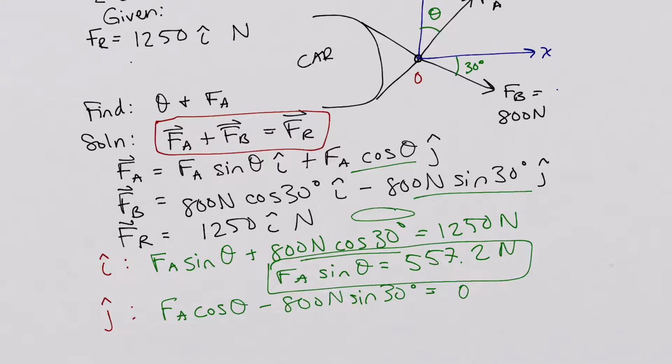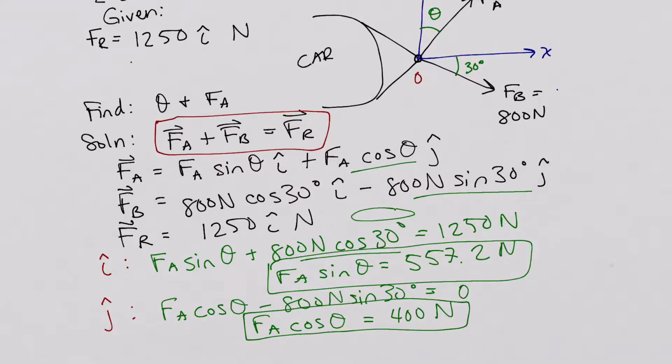So this one we also have two unknowns, and this one we have FA cosine of theta equals that 800 times sine of 30, and so that would be 400 newtons. So there are a couple of different ways that we can do this, but we basically just need to solve these two equations with two unknowns.